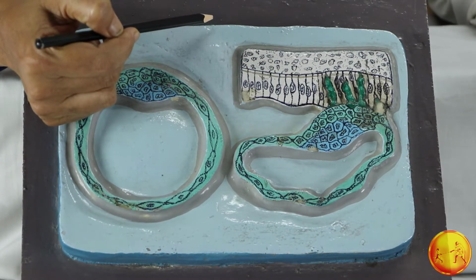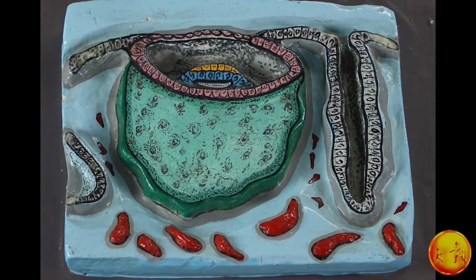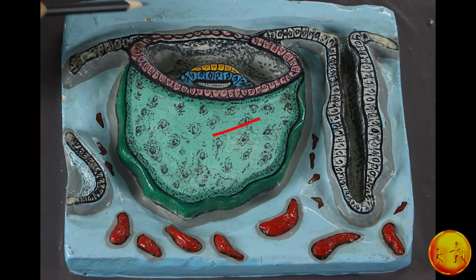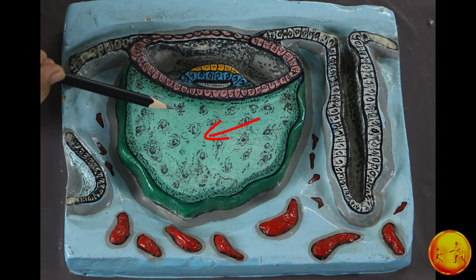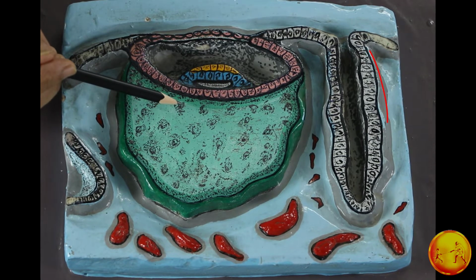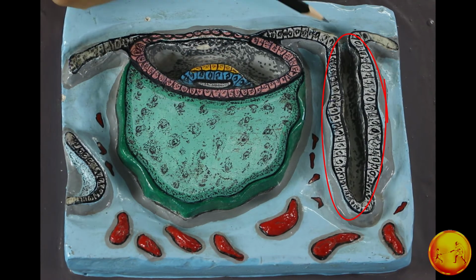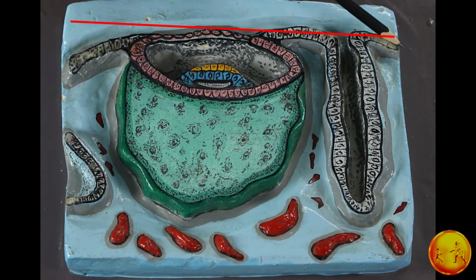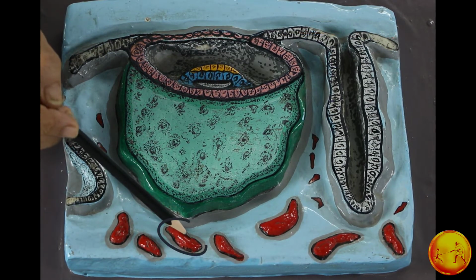Let's move to the second model. Here you can see the penetration continues and the blastocyst starts embedding into the endometrium. You can see the enlarged endometrial glands, the uterine epithelium, and the engorged maternal capillaries filled with maternal blood.